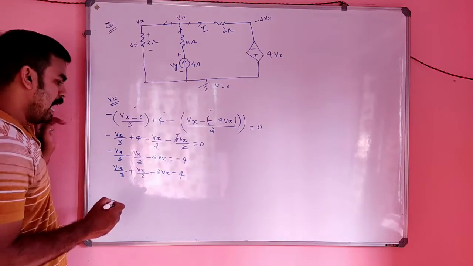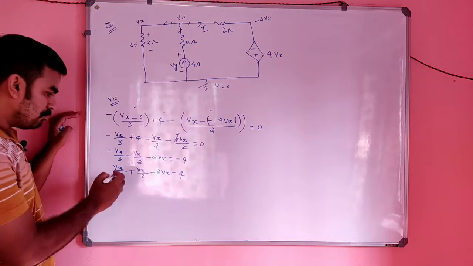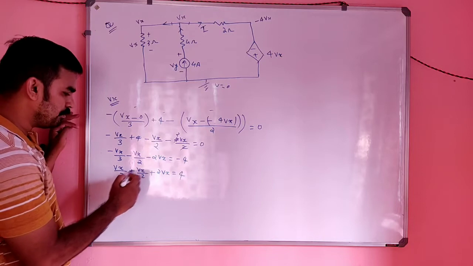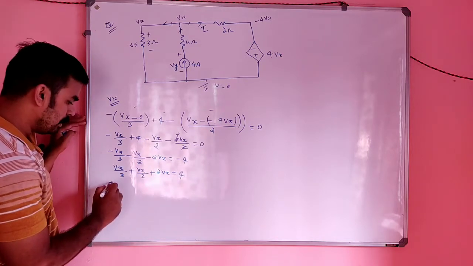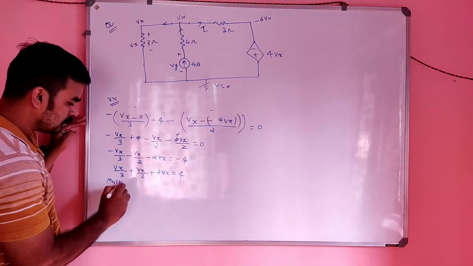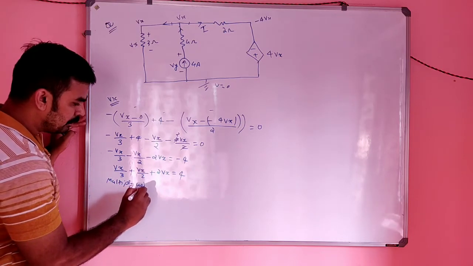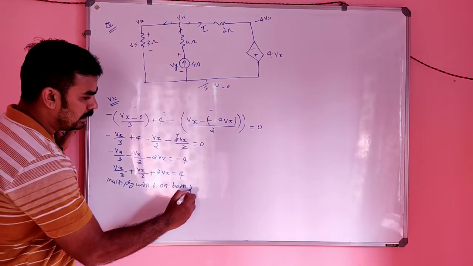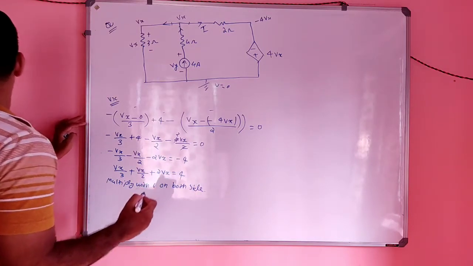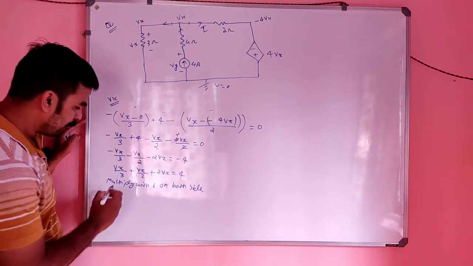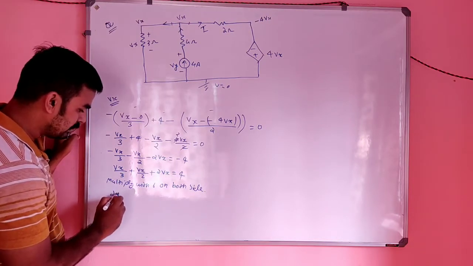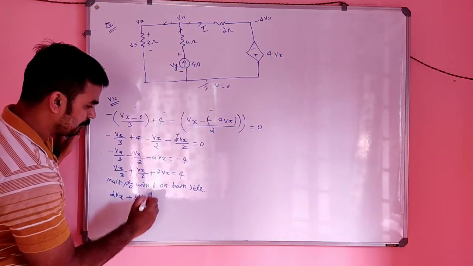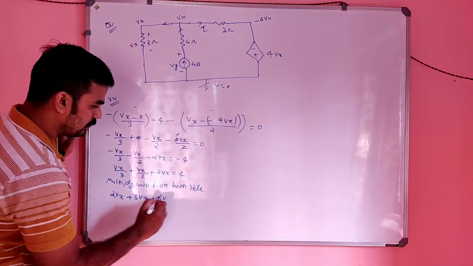For simplifying this, we multiply both sides with 6, because 6 is the common factor for these terms. Multiplying with 6 on both sides, it becomes 2Vx plus 3Vx plus 12.